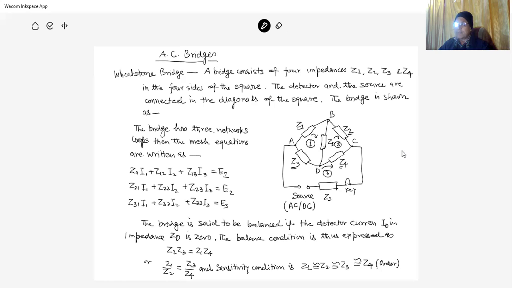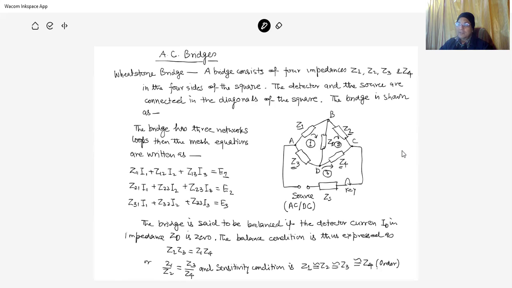According to Cramer's rule, the impedance equation, a matrix formulation, can be written as Z11I1 plus Z12I2 plus Z13I3 is equal to E1, Z21I1 plus Z22I2 plus Z23I3 is equal to E2, Z31I1 plus Z32I2 plus Z33I3 is equal to E3.